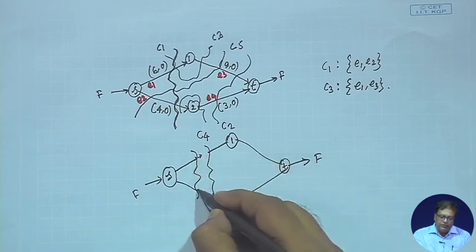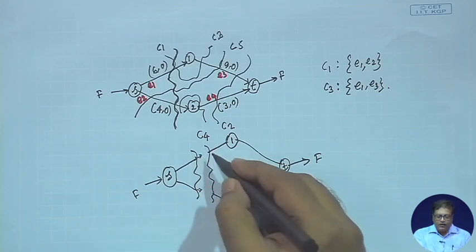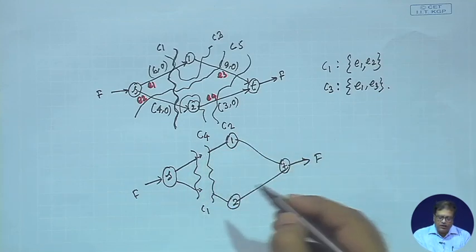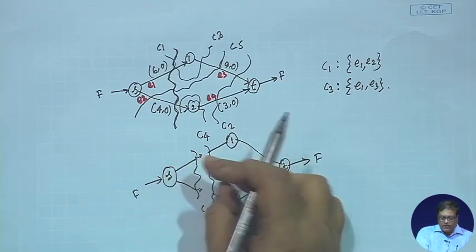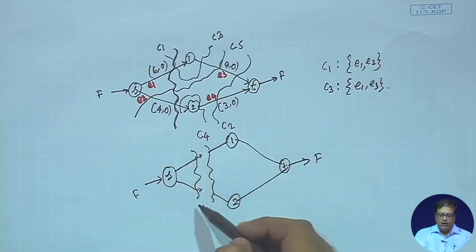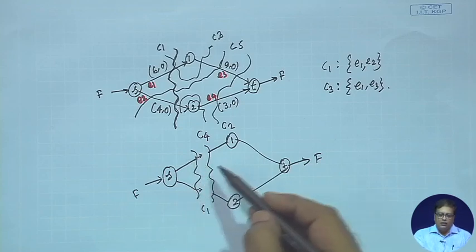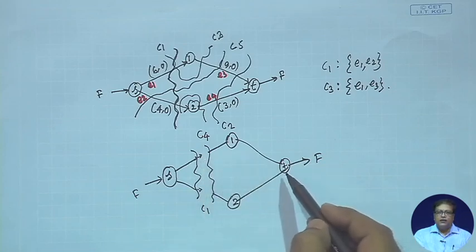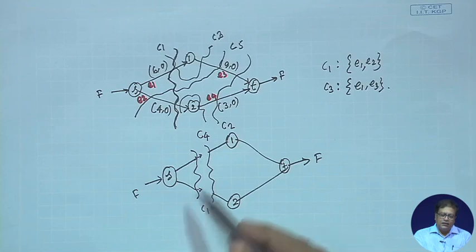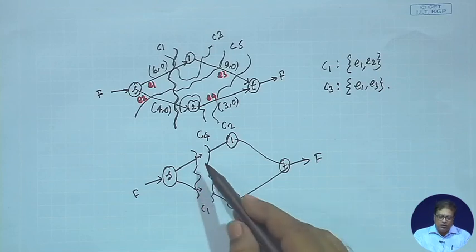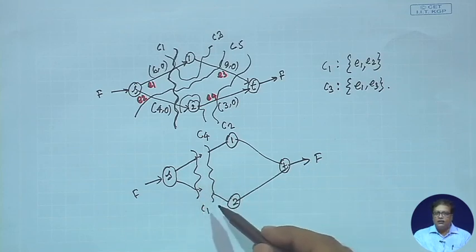Now, what will happen if we cut here, right? So, it is a cut set called C1. The material that goes will fall, because there is a cut, and since the flow, water or whatever, will fall, it will not be able to reach the sink. If it is still able to reach the sink, then it is not a cut, or to be more precise, a cut in this sense.